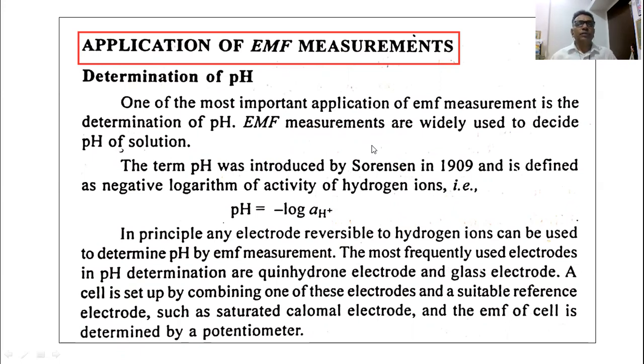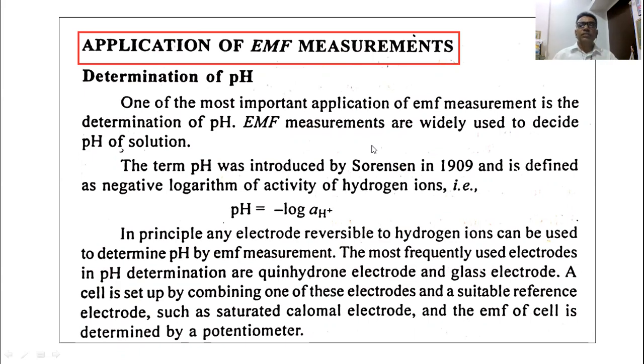A very important application of EMF measurement is the determination of pH. With the help of EMF measurements, we can determine the pH of the solution. Ultimately, we can calculate the pH of the solution by measuring the EMF of a cell.